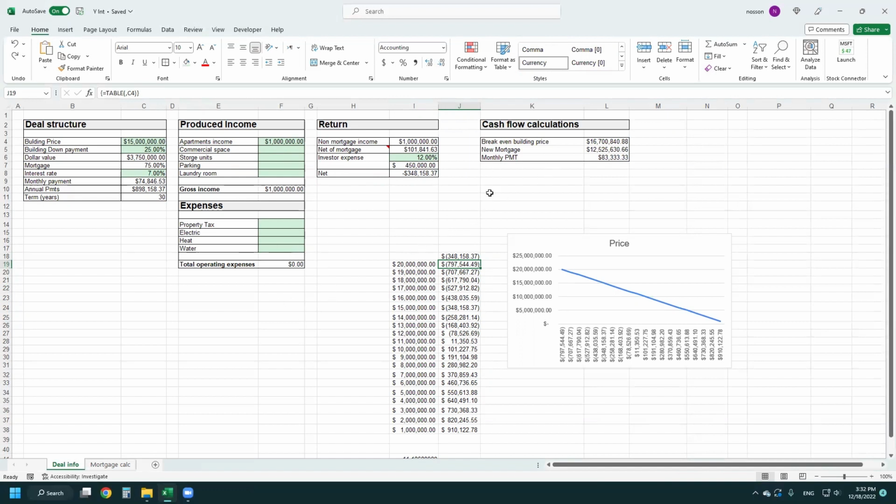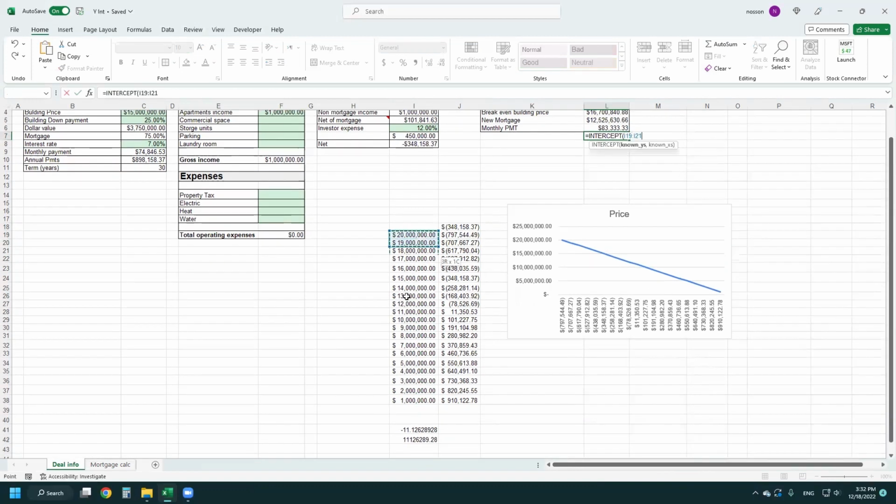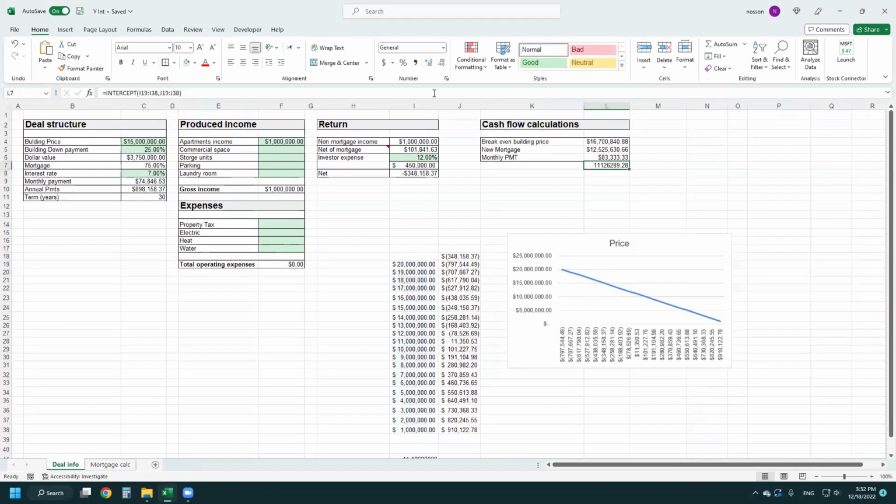Instead of having this formula here, we can say intercept equals intercept of the table. Give it a dollar value.